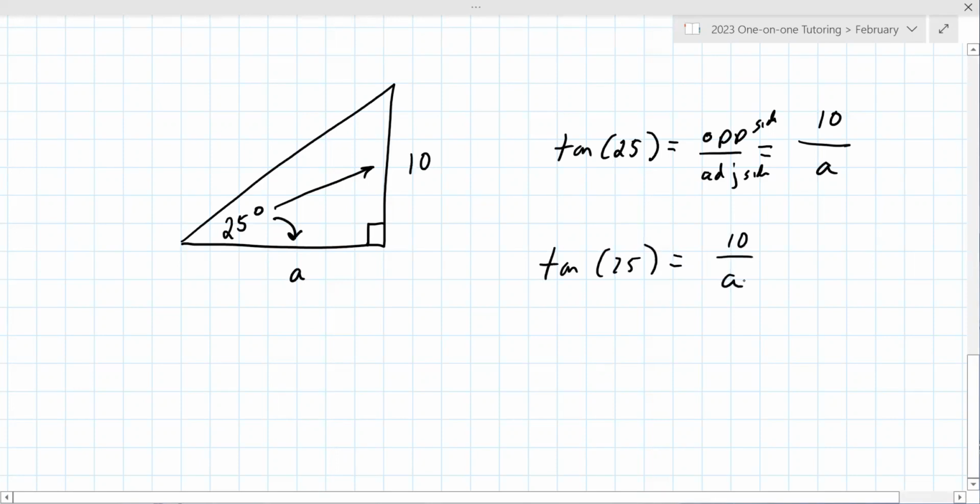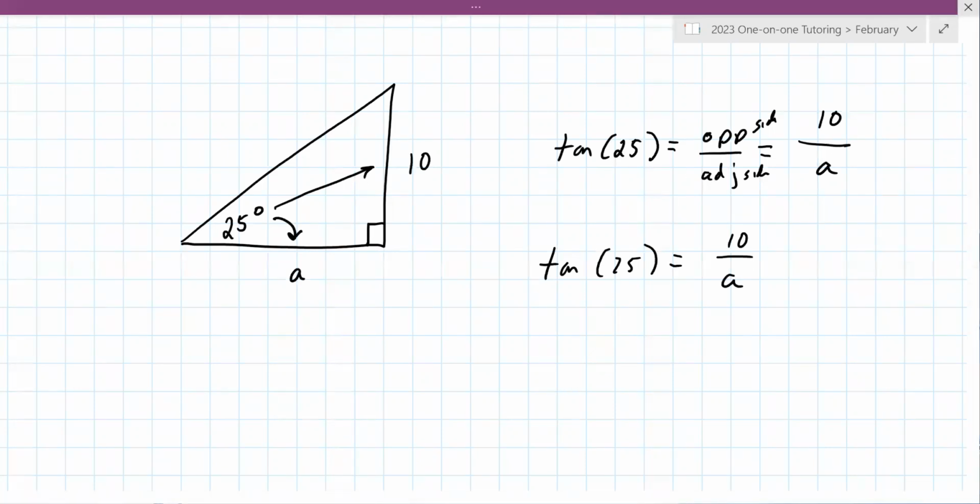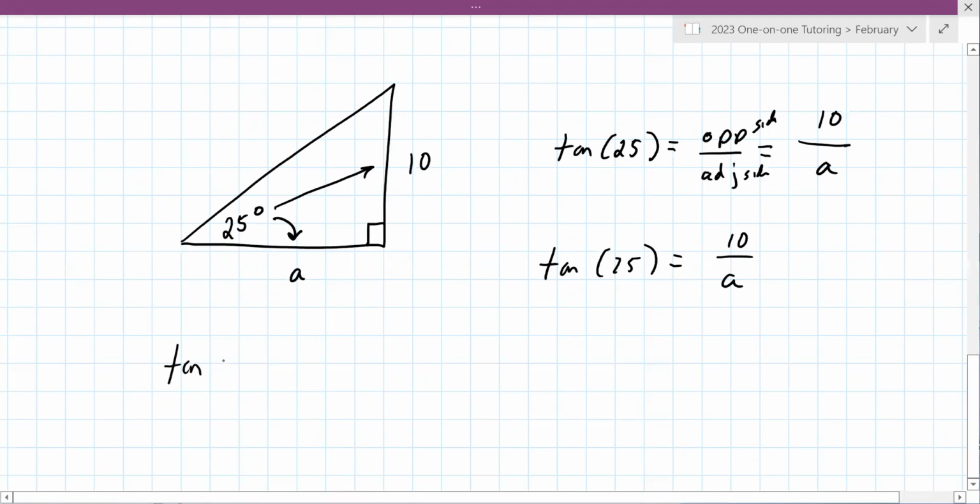Now this time I want you to grab a calculator, make sure your mode is in degrees, and calculate the tangent of 25. So I'd write tangent, parenthesis, 25, and that's it. But your mode has to be in degrees.